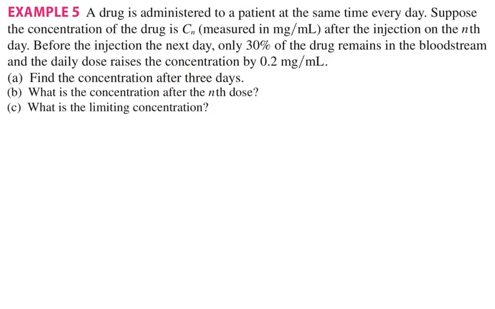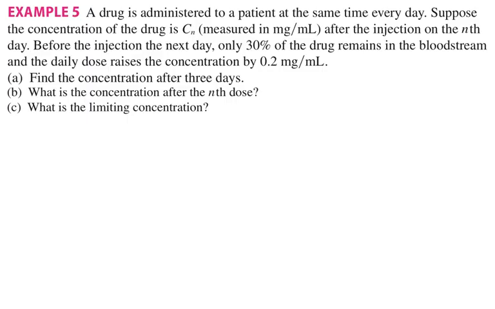A drug is administered to a patient at the same time every day. Suppose the concentration of the drug, C_n, measured in milligrams per milliliter after the injection on the nth day. Before the injection the next day, only 30% of the drug remains in the bloodstream, and the daily dose raises the concentration by 0.2 milligrams per milliliter.